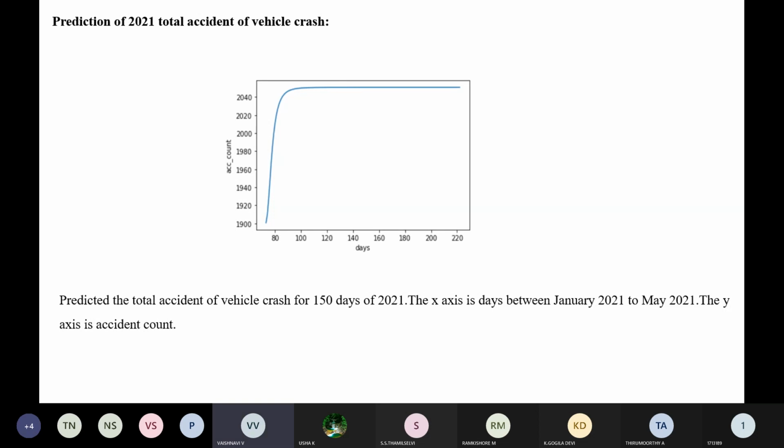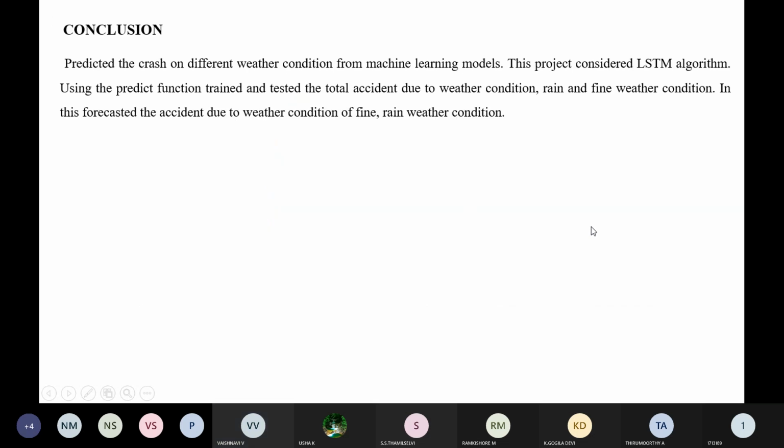Then we predicted the total accidents caused by rain, fog, and other climatic conditions. In conclusion, we predicted the rain and fine weather vehicle crash accidents of 2021 from January to May. Thank you, ma'am.